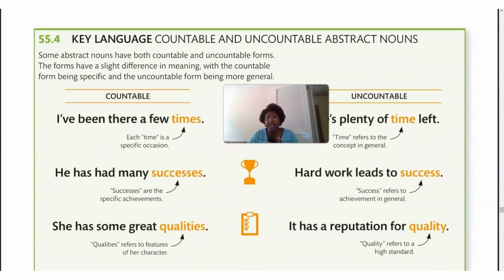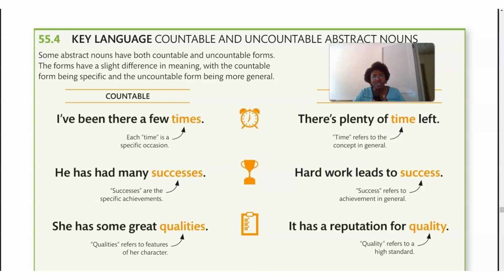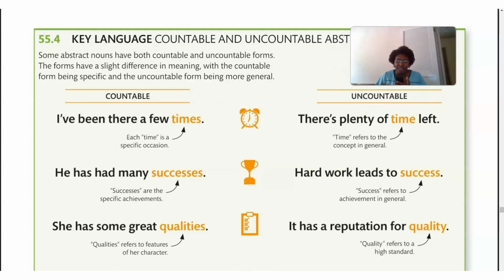Okay, our next key language point, countable and uncountable abstract nouns. So you might be thinking, well, Teacher Lisa, I just learned that we can't really count abstract nouns, because you gave us the example of knowledge earlier, and I said you can't say one knowledge, two knowledge, three knowledge.